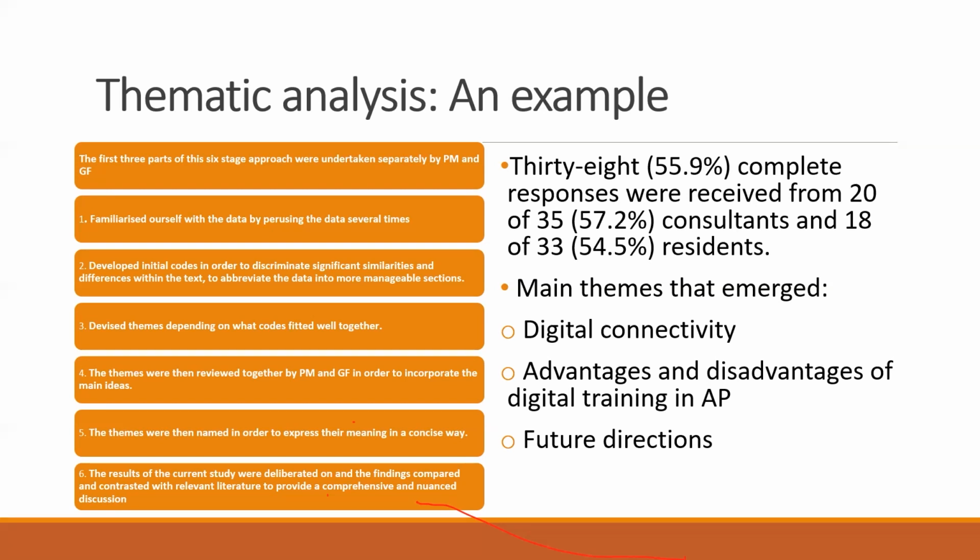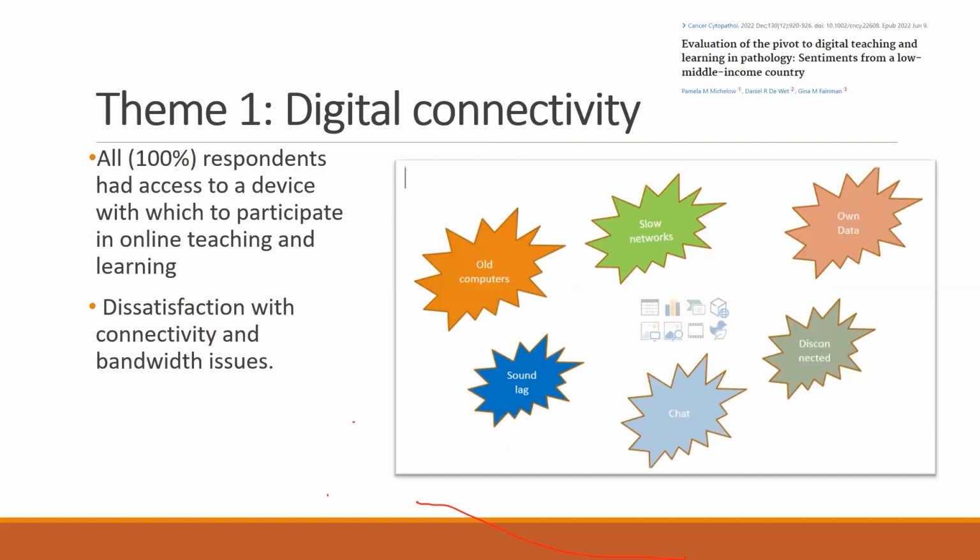So 38 responses were received from 20 consultants and 18 residents. And the main themes that emerged were digital connectivity, advantages and disadvantages of digital training, and future directions. So as far as digital connectivity goes, all respondents had access to a device in which to participate in online teaching and learning.